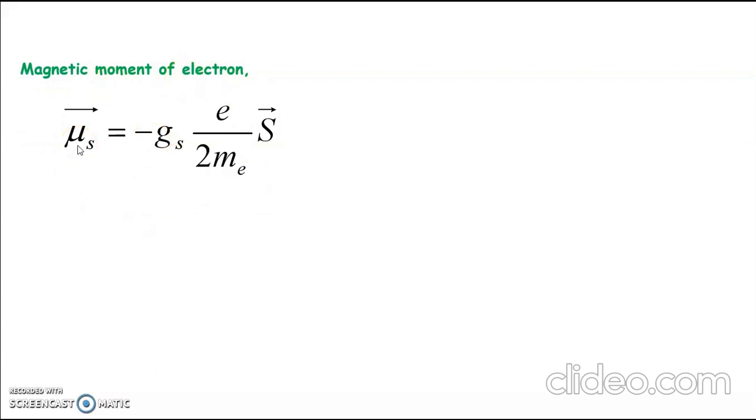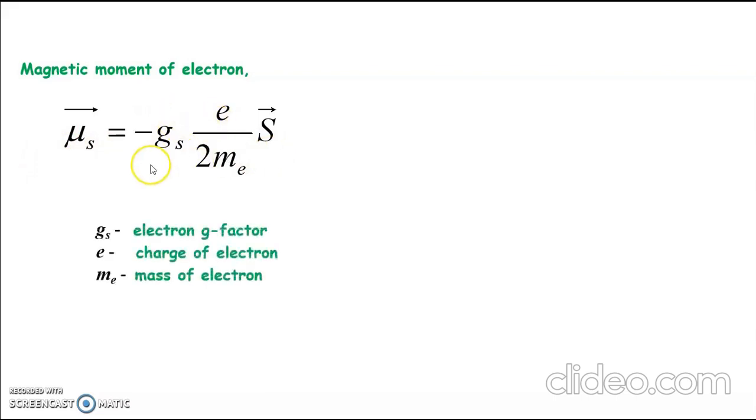The magnetic moment of the electron will be proportional to the spin angular momentum, and can be equated by this expression, where Gs is the electron G factor, e is the charge of electron, and m is the mass of electron.